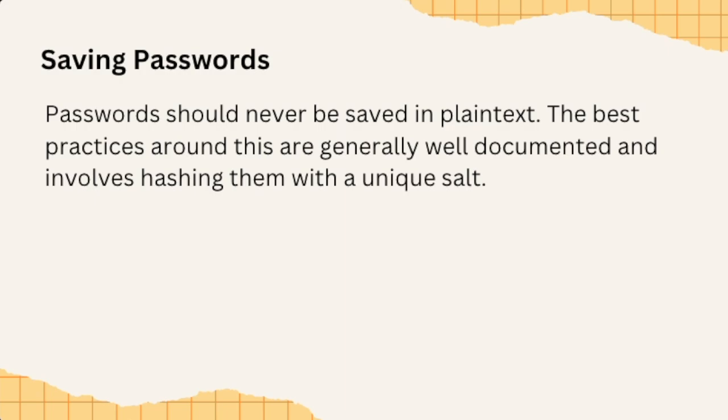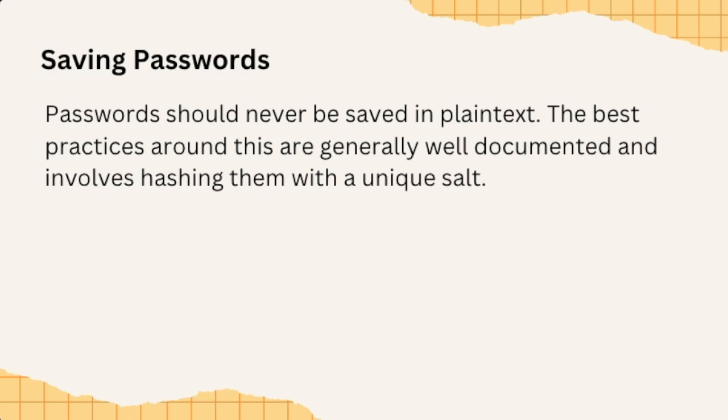You add the salt to the user's password and then hash it and store that hash. The purpose of the salt is basically to make sure that if two users have the same password, the hash for them won't be the same. So this is just a best practice, and it's helpful to let them know that you know about it, even though it might sound very obvious to you.